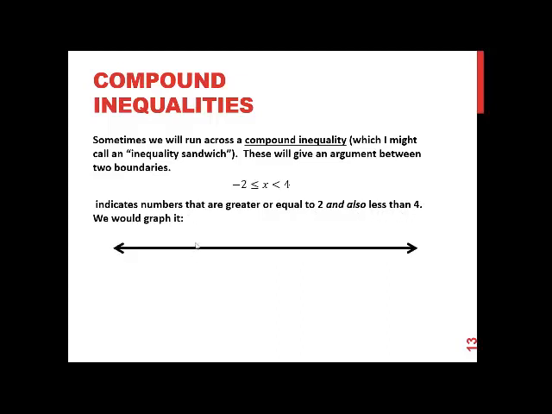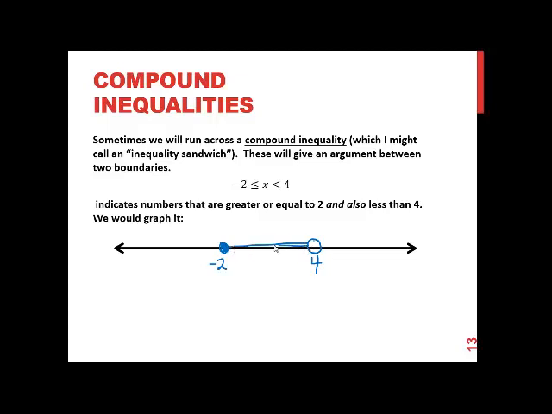So to graph that, we would have a -2, we would have a 4, and we're looking at greater than or equal to -2, so we'll put a solid dot there. Less than, but not equal to 4, so we'll put an open dot there.